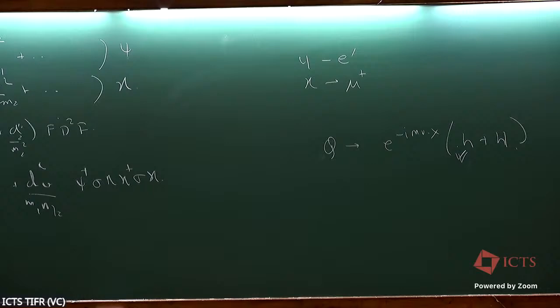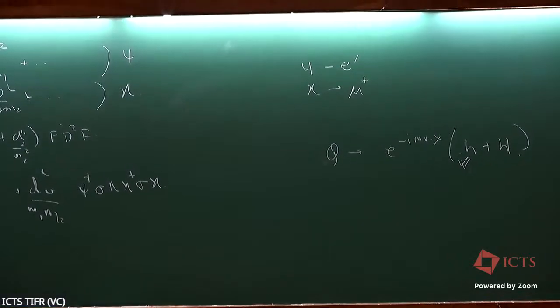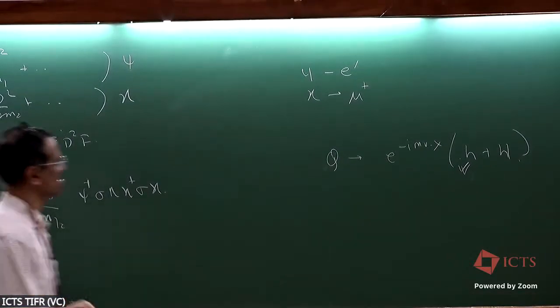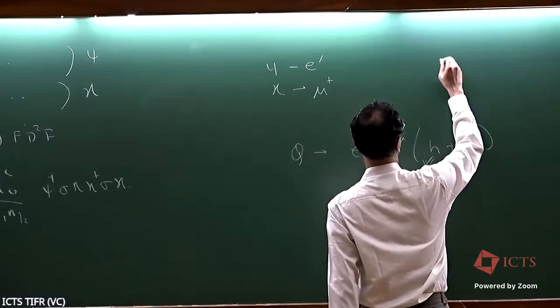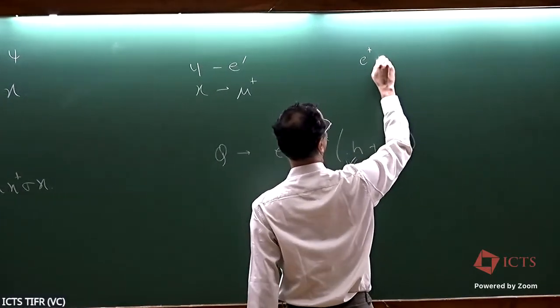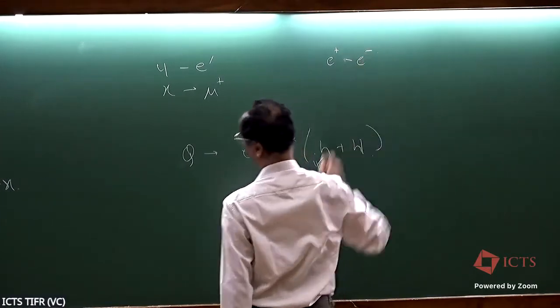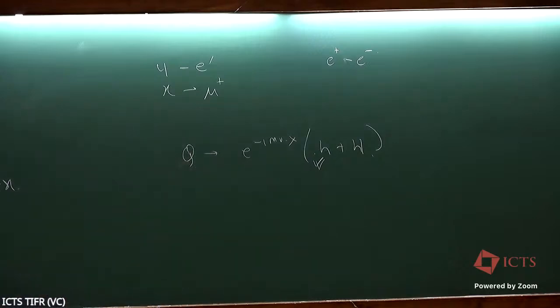I've allowed for the possibility that m1 not equal to m2, so the bound state is not of the same particle. In principle, you also know that bound states are formed by e plus e minus. So in that case, m1 will be equal to m2. And once again, m is the large scale here.